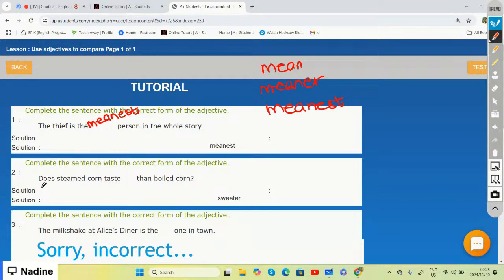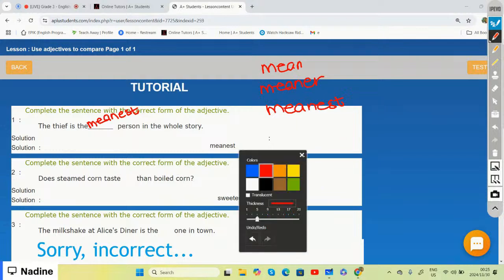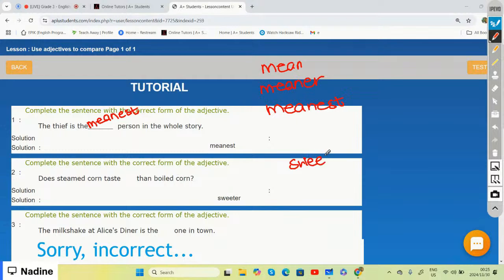The next one says, how does steamed corn taste? Does it taste sweet than boiled corn? Does it taste sweeter than boiled corn? Or does it taste sweetest than boiled corn? We are comparing it to boiled corn.